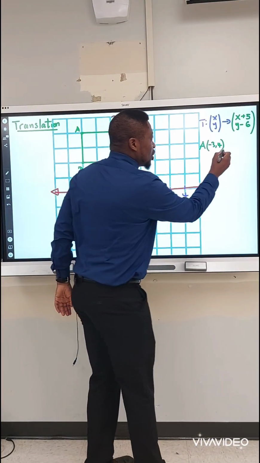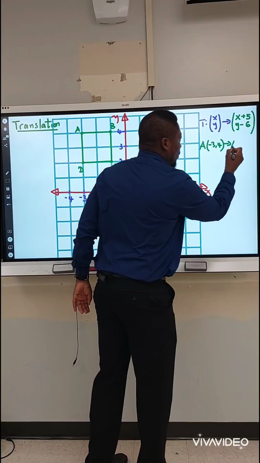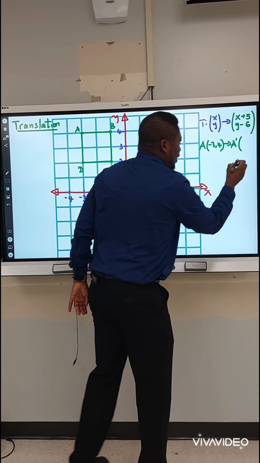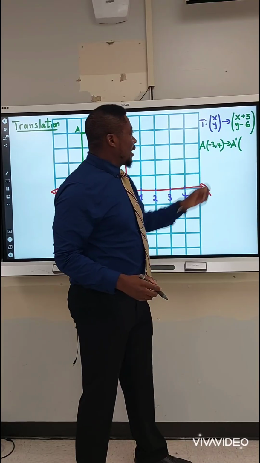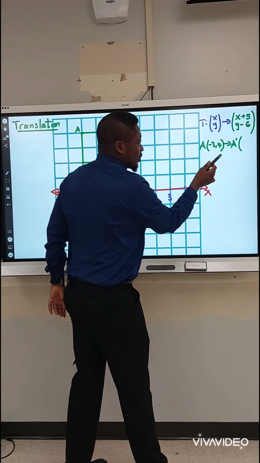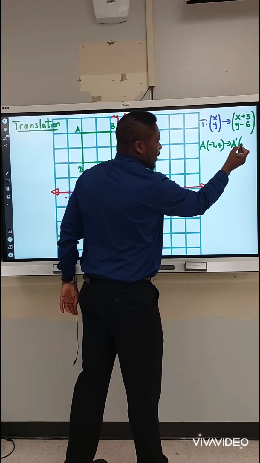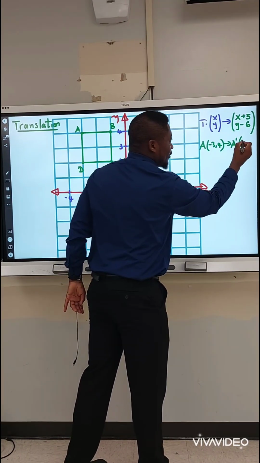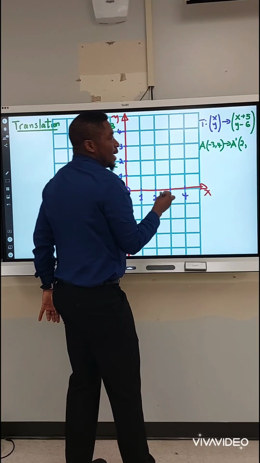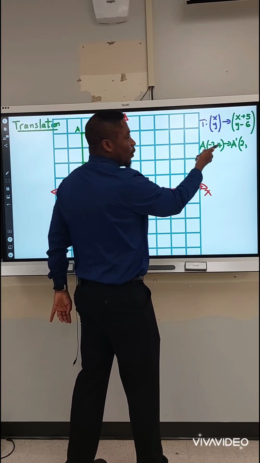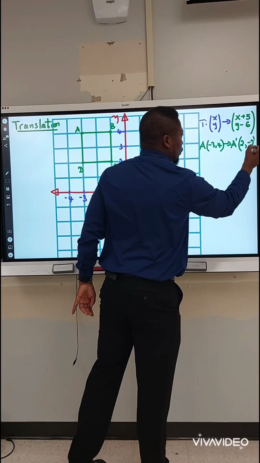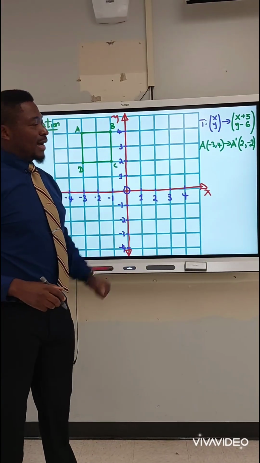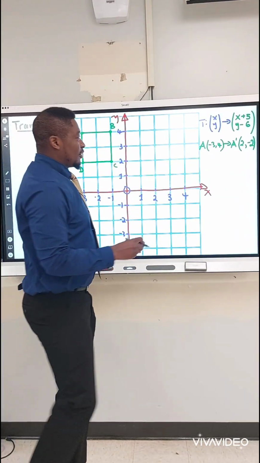So the image of A will be A prime, and all I need to do is subtract 6 from y and add 5 to x. X is -3, so my image coordinate will be -3 plus 5, which is 2, and my y coordinate will be 4 minus 6, which is -2.